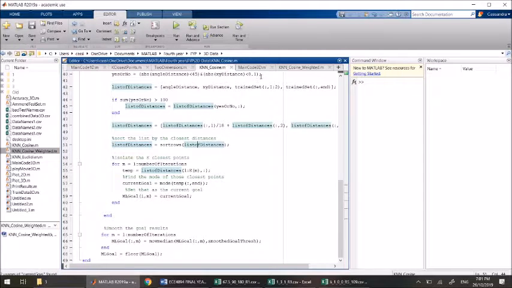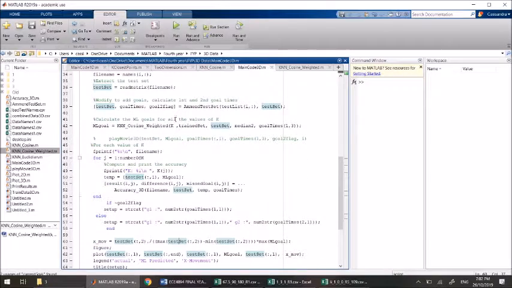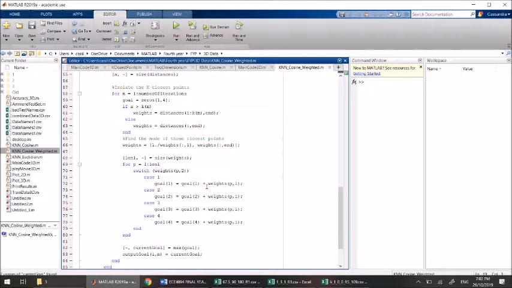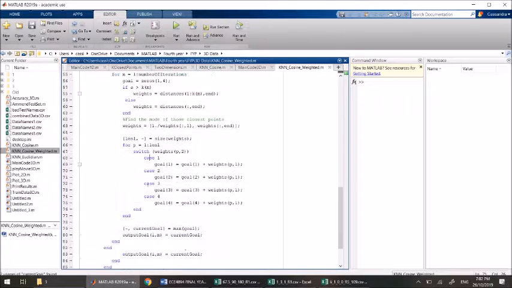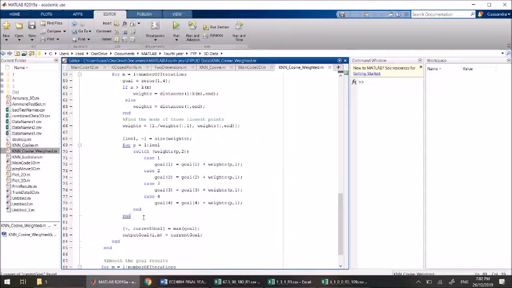For our 3D data, same setup, but we have a cosine weighted this time. Cosine weighted makes it a little more complicated. For every k value, we get the top k values. For each of the top k values, we'll have a distance and the goal associated with it.